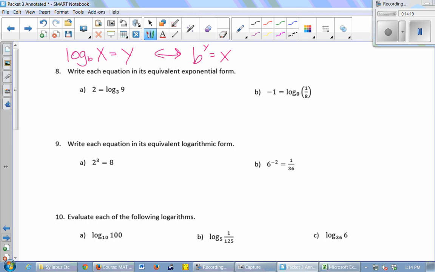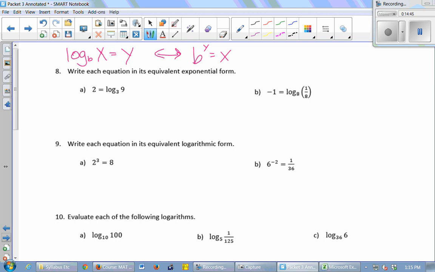So what is the base in this logarithm on the right? 3. Okay. So in this formula, log base b of x equals y, b is the base in the logarithm, and it's also the base in the exponential. So it's a good reason we called it b. It's the base of the logarithm, and it's the base of the exponential equation.